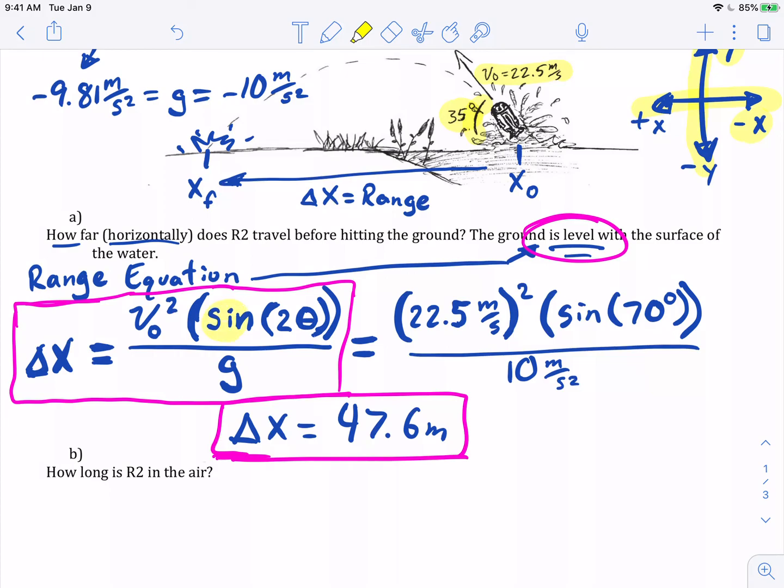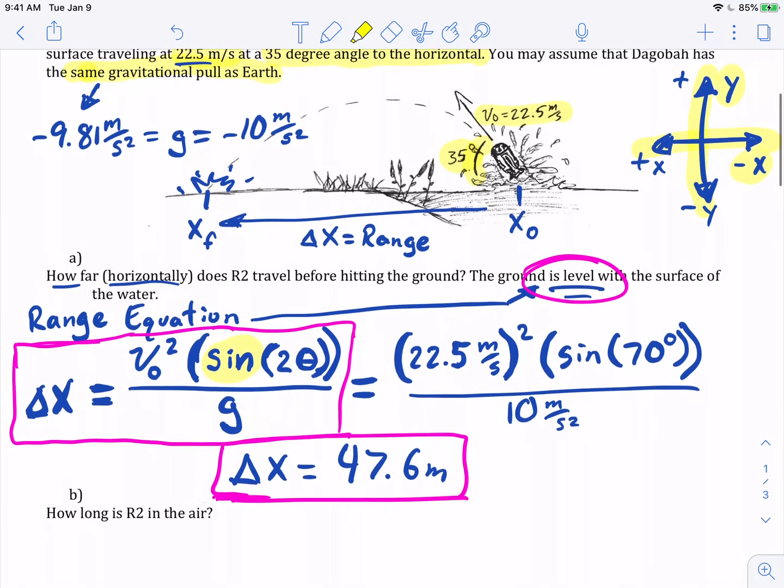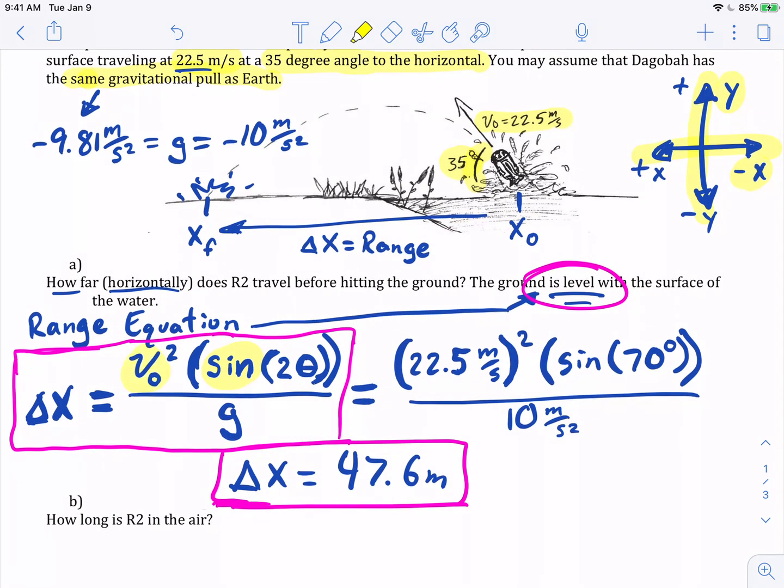The range equation looks like you can, but really what it's doing is using that sine piece to break apart a velocity that is actually two velocities. This velocity where R2-D2 is being fired at an angle is really two velocities: an initial velocity forward and an initial velocity vertical. We're going to use trigonometry to break that velocity apart most of the time, so that you're working with just the forward velocity or just the upward velocity.